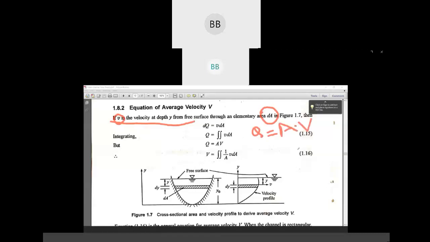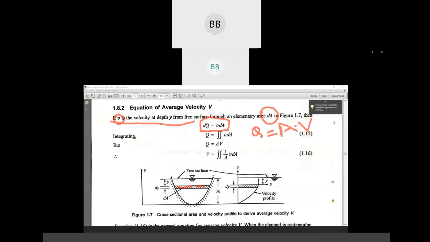So we are going to find out the discharge in that small elementary area. We consider that discharge as del q or dq. It's up to you, dq. So velocity is small v for that area, multiplied by the area of the small elementary area, dA.